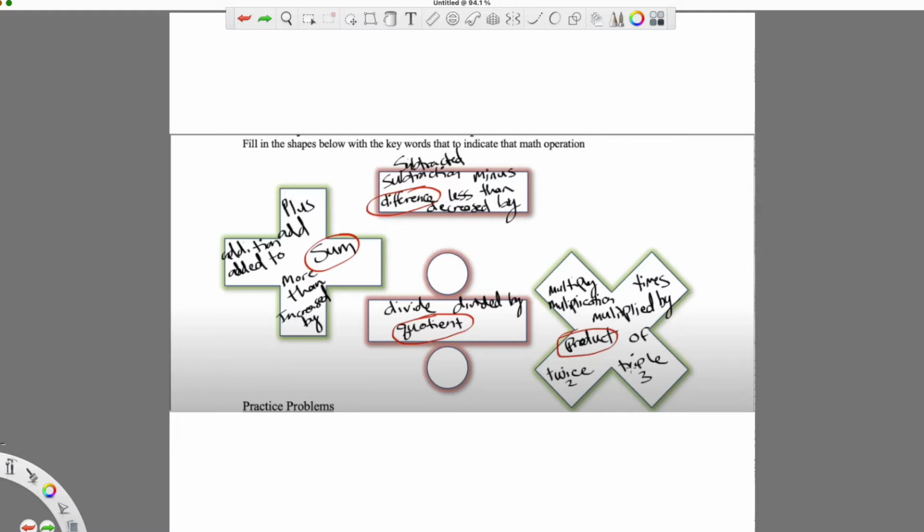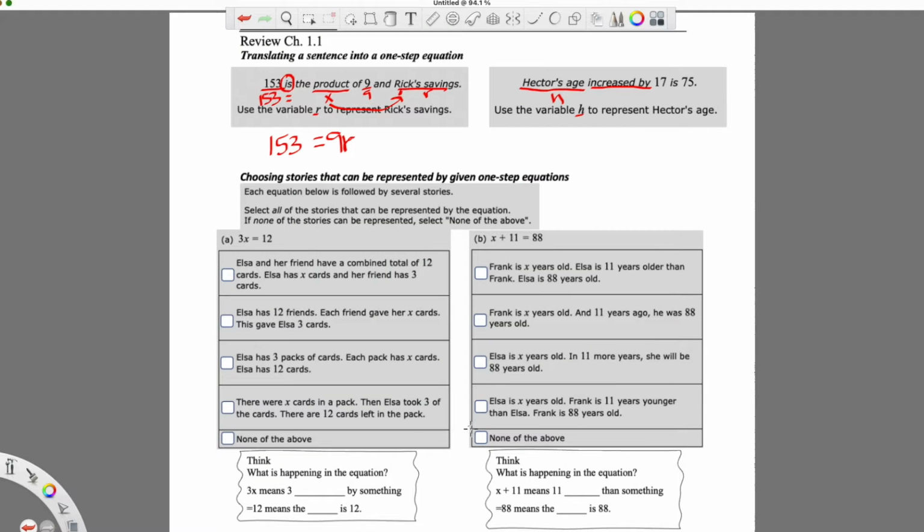I'm going to add 17. Is means equals, and then 75. So I have H plus 17 equals 75, and I'm all done with that one. They're not asking me to solve it yet, to figure out what R or H is. They're just asking me to write the equation.